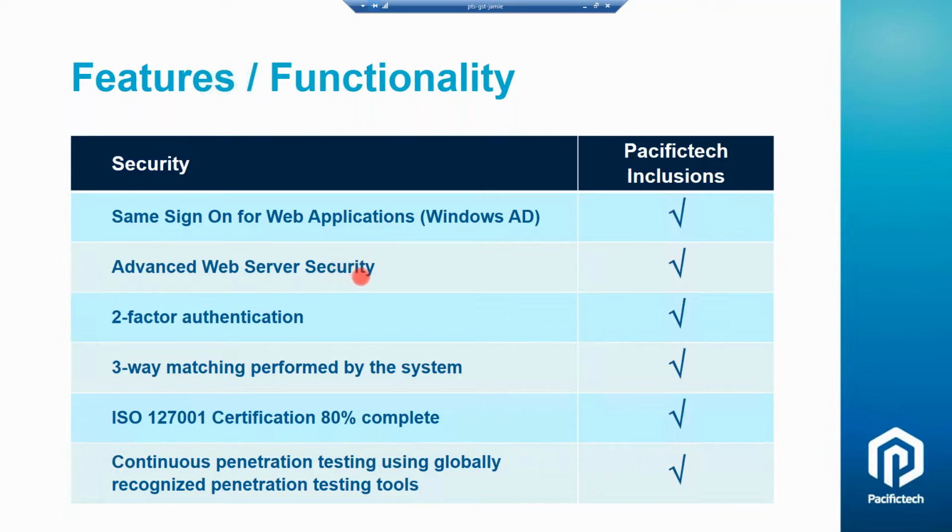We've got a lot of security in place on our web servers. 2FA is available. Three-way matching is also another part of the security. And ISO certification, we should have that completed within a couple of months. And also, we've got really powerful tools that are doing continuous pen testing to make sure that our solutions don't have any security holes.